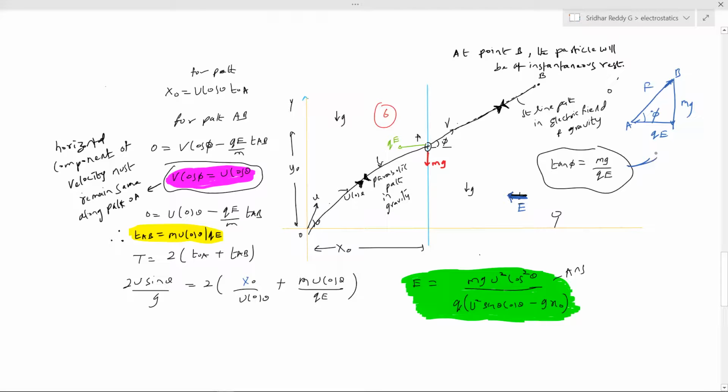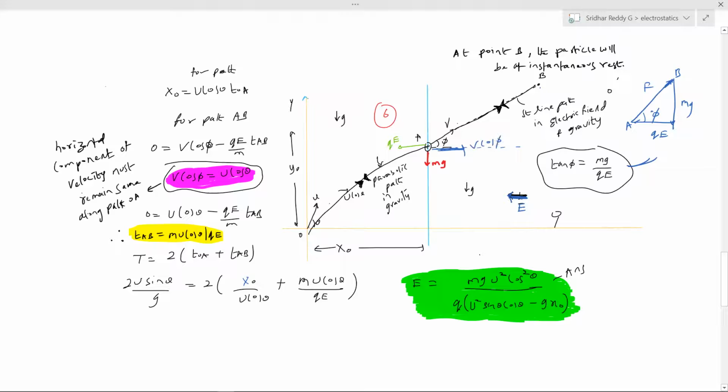Okay, after this, we'll get into that as usual. So the time taken to move from A to B. What will happen to the horizontal component by the time it reaches here? It will become 0. 0 is equal to V cos phi minus QE by m TAB. Who will decrease the horizontal component of velocity?